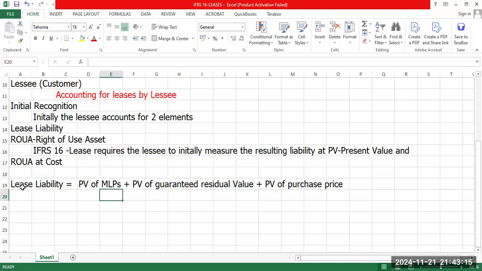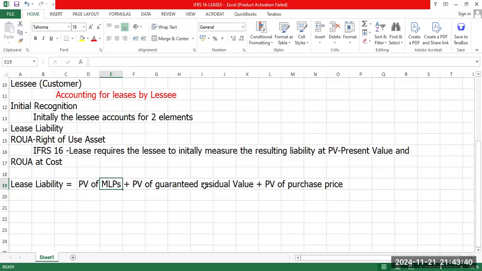You see, a liability normally happens because you have an obligation to pay in the future. Are we together? A liability happens because you have an obligation to pay in the future. One, at the end of the year or at the beginning of the year, you are paying what we call minimum lease payment. But there could be another obligation.